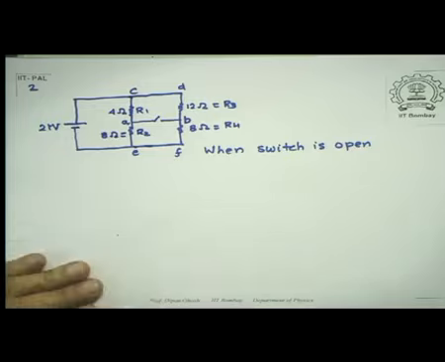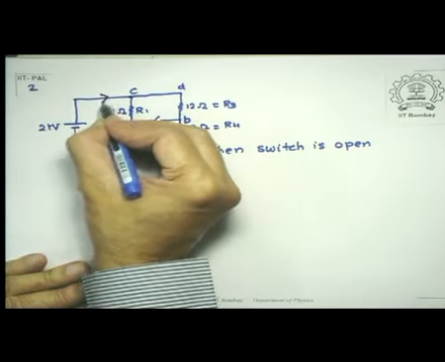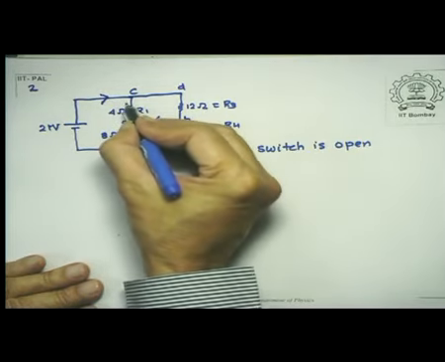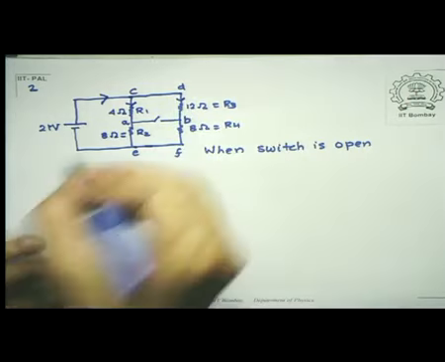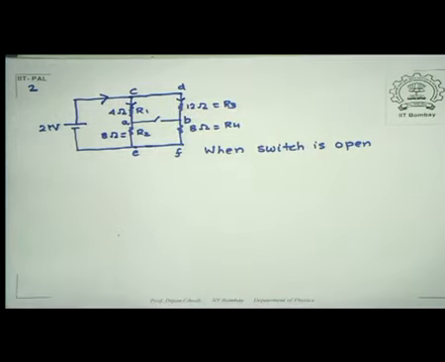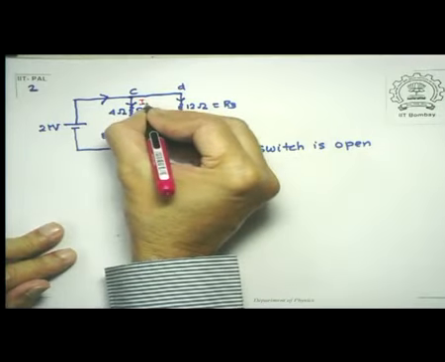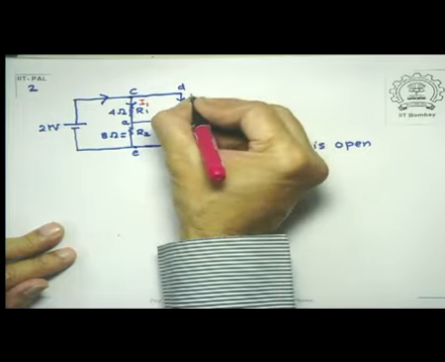So if you look at it, the current comes out from this positive terminal, and part of it goes here, part of it goes there. So let us call this, it's getting cluttered up, so let me use a slightly different ink. Let's call this I1, and since this is passing through R3, let's call this I3.